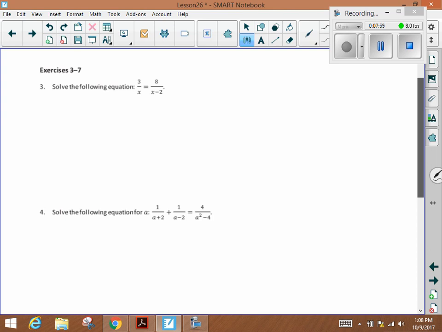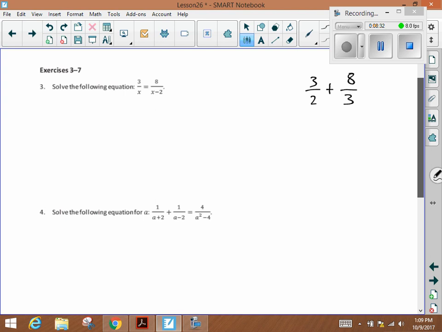But this time, it's going to be a little different. So just real quick, imagine that instead of an x in our denominator, we had a 2. And say we needed to add these two things. Let's pretend that we had to add 3 halves and 8 thirds.